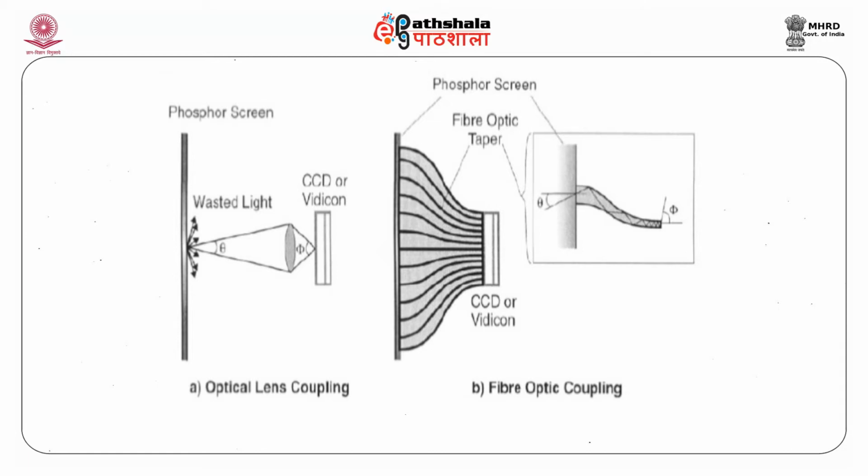Let's consider the CCD technology. If I consider a patient who is coming for a chest X-ray, and it has a 14 by 17 screen, the scintillating material is completely embedded over this 14 by 17 area, and when X-rays pass through the patient, the transmitted X-rays fall onto the scintillation material.